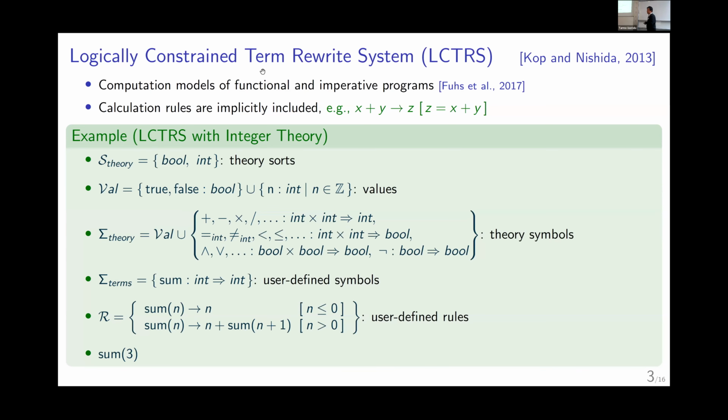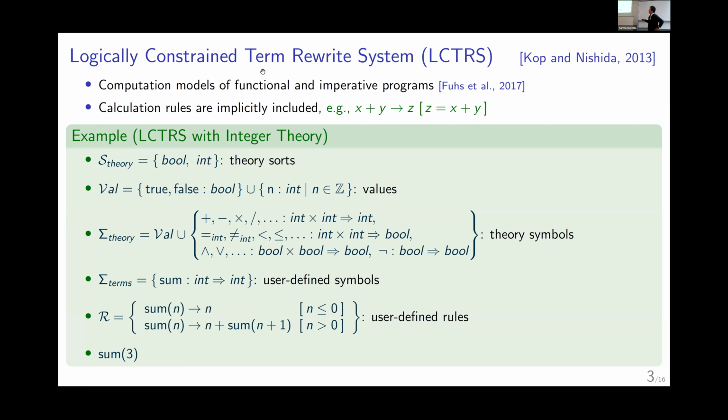Now this slide explains LCTRS. I think everyone knows LCTRS now, so I will explain briefly. LCTRS has sorts for theory. In this case, we consider LCTRS with integer theory, so the theory sorts are bool and int.